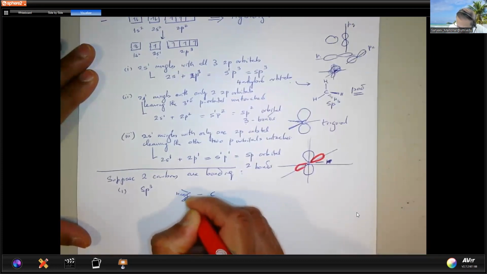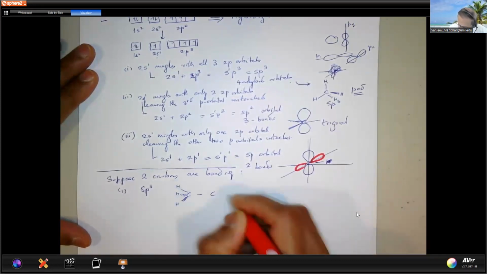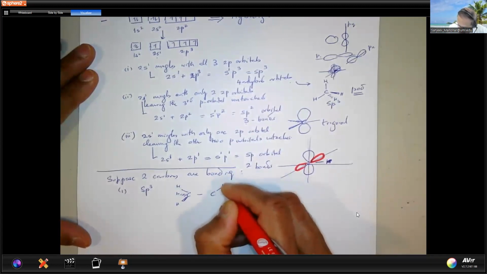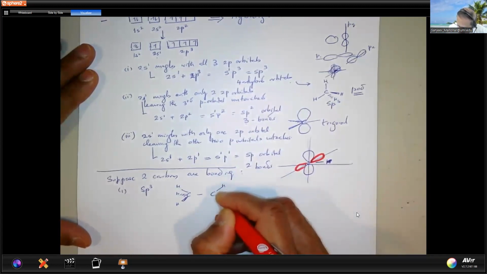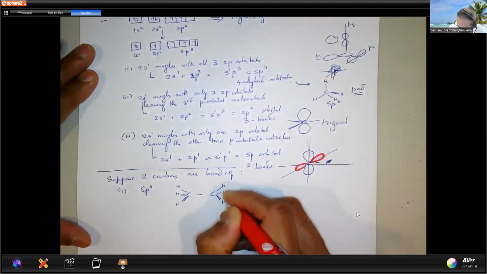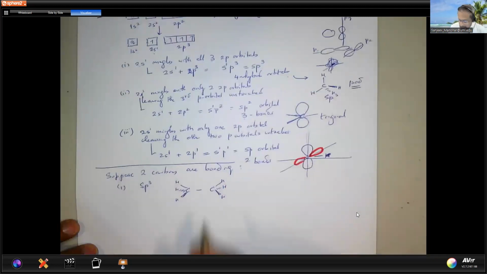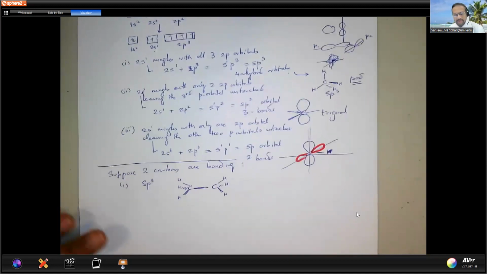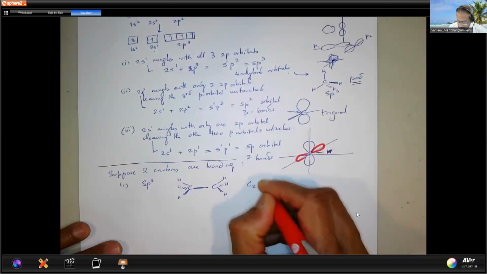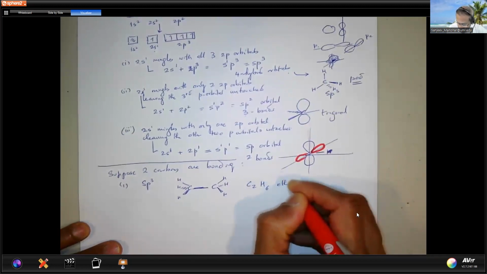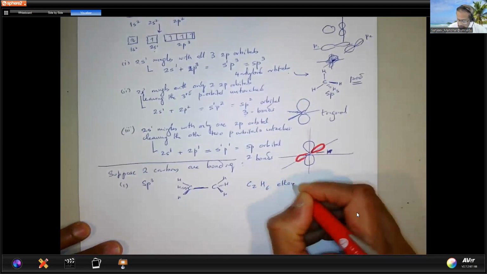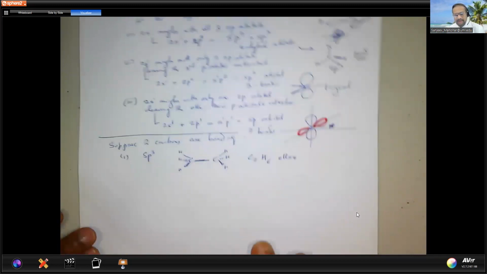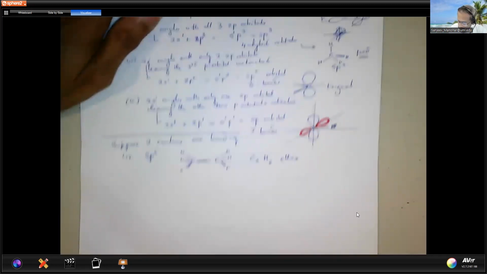That's coming at you. Let's put hydrogens there just for the heck of it. And then that's coming on the plane of the paper, and that's coming out at you. So here is your sp3 with two carbons. That is C2H6 ethane, right? Single bond. Now, what about the sp2?